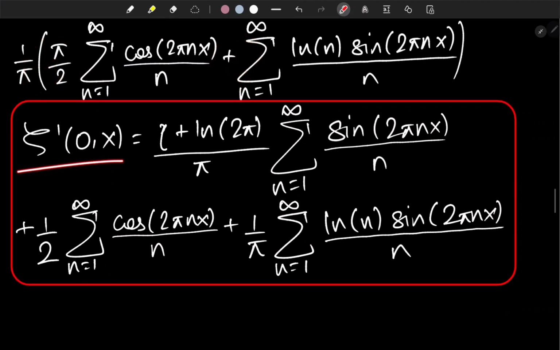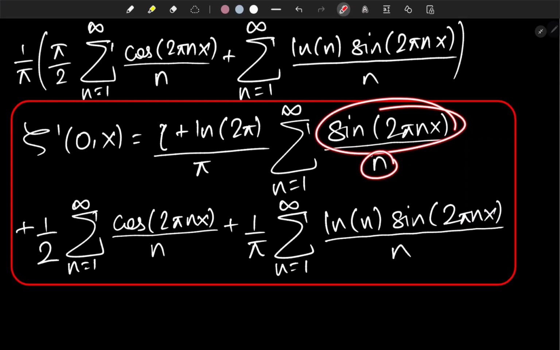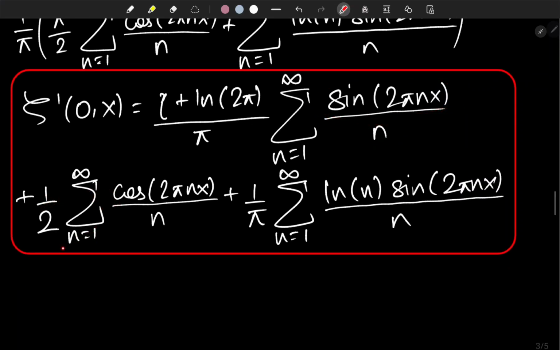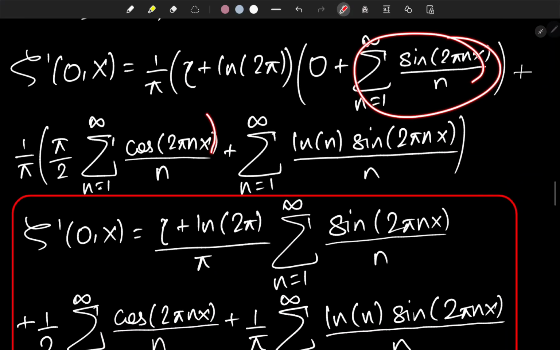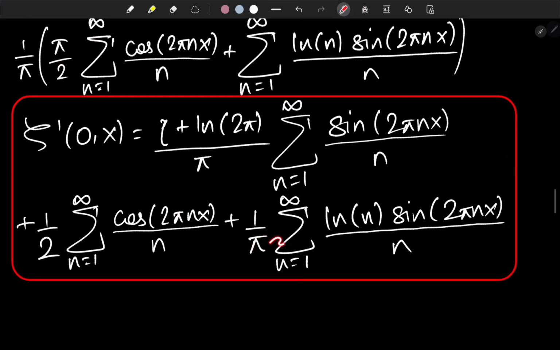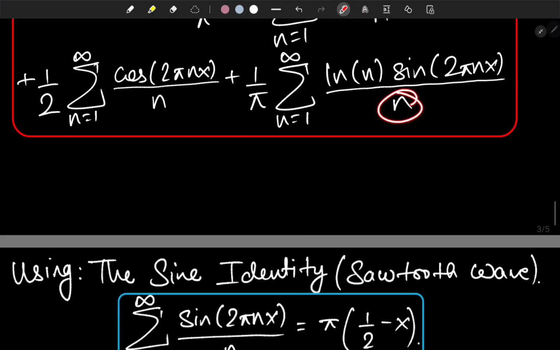So the derivative of the Hurwitz zeta of 0 comma s comes out to be 1 over pi times Euler-Mascheroni plus natural logarithm of 2 pi, times the sum as n goes from 1 to infinity of sine of 2 pi nx over n, plus 1 over 2 times the sum as n goes from 1 to infinity of cosine of 2 pi nx over n, plus 1 over pi times the sum as n goes from 1 to infinity of natural logarithm of n sine of 2 pi nx over n.